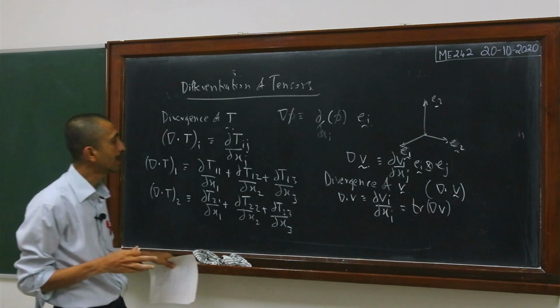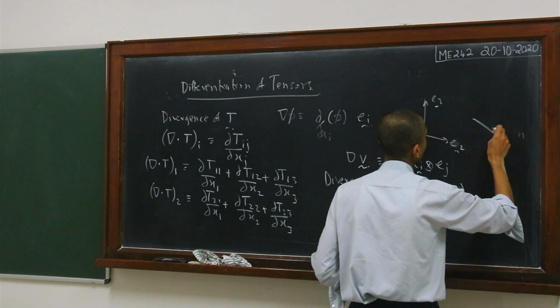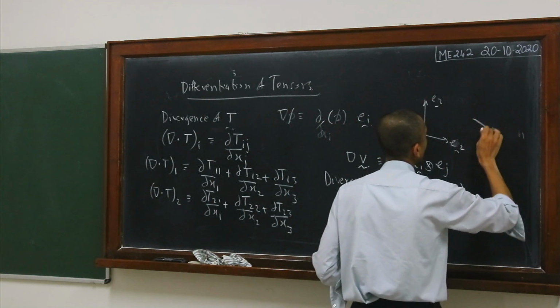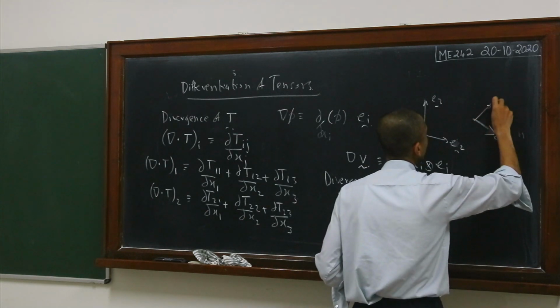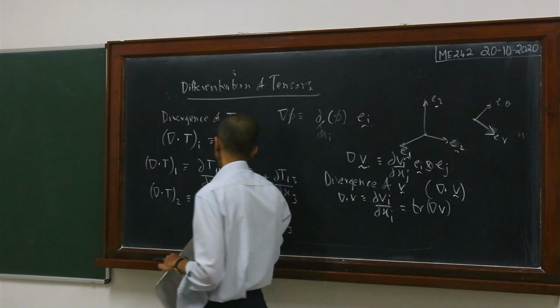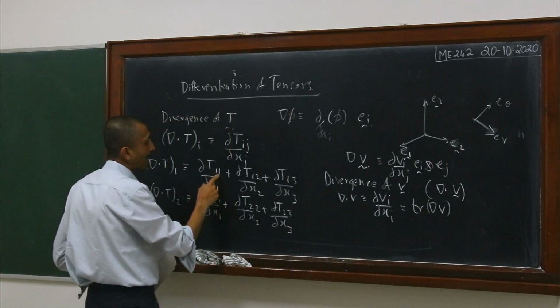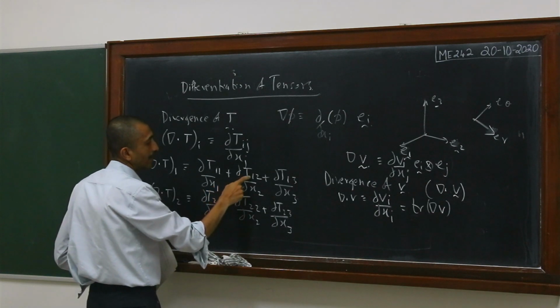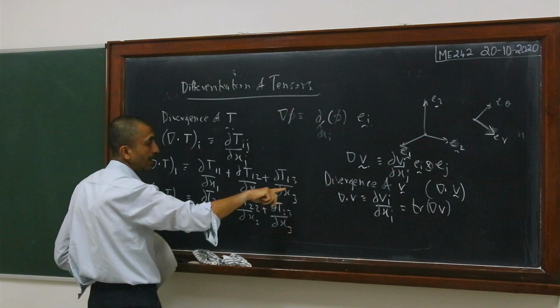For example, suppose you had ER and E theta, then you cannot simply write it as del TRR by del R plus del TR theta by del theta. You should not extend it to a curvilinear coordinate system.